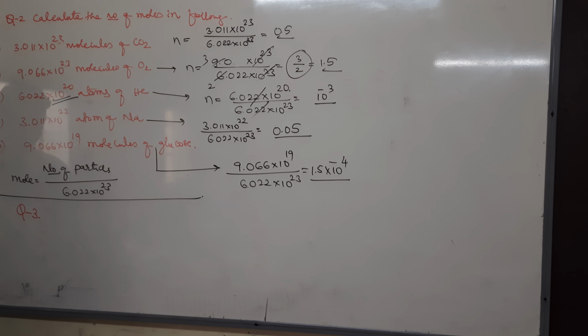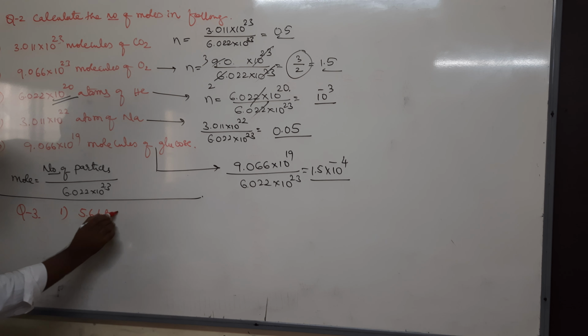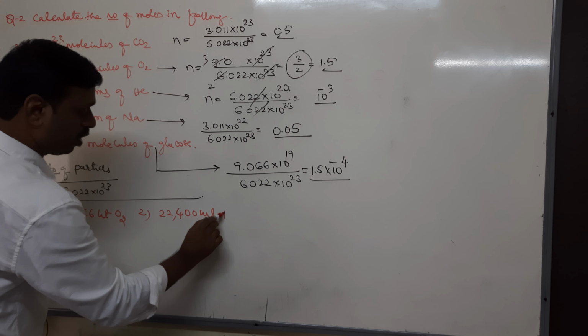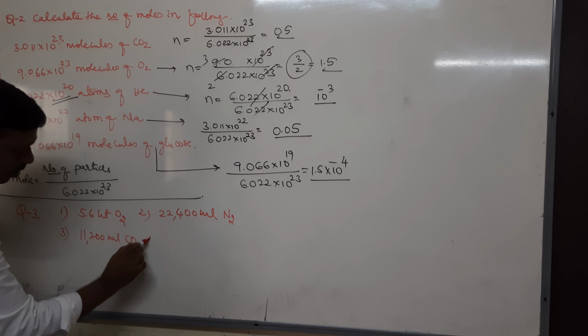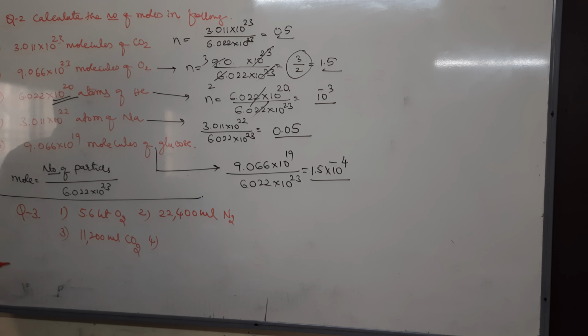Calculate the number of moles in the following. 1. 5.6 liter O2. 2. 22,400 ml N2. 3. 11,200 ml. Anything, either you can take ml or liter.